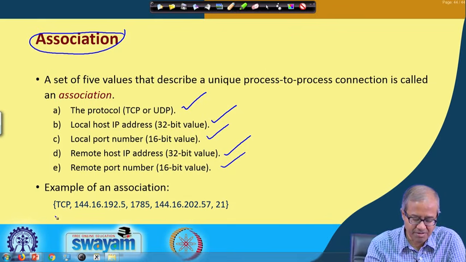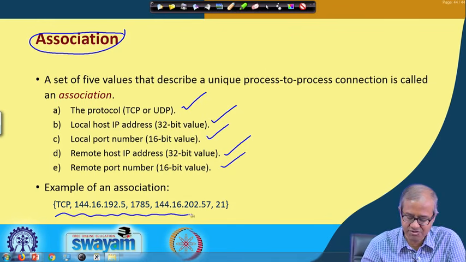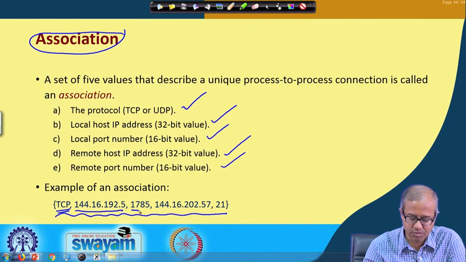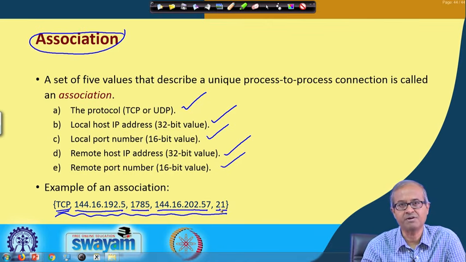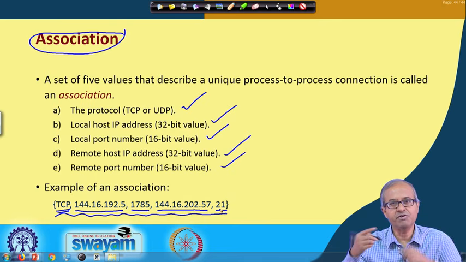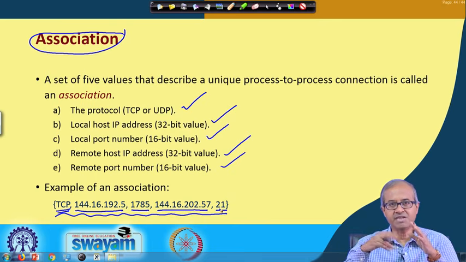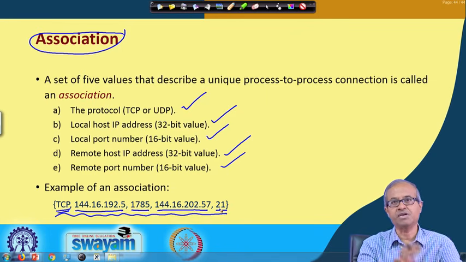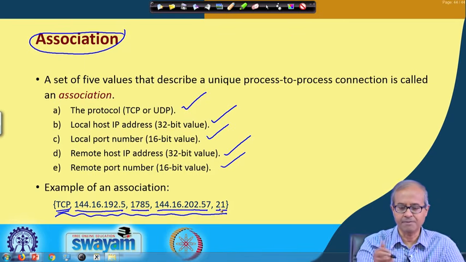As an example, an association uses the protocol TCP IP, local IP address, local port number, remote IP address, remote port number. Whenever you do some kind of communication over the internet, this kind of association gets created automatically in the underlying networking software or the networking driver that is present. Okay.